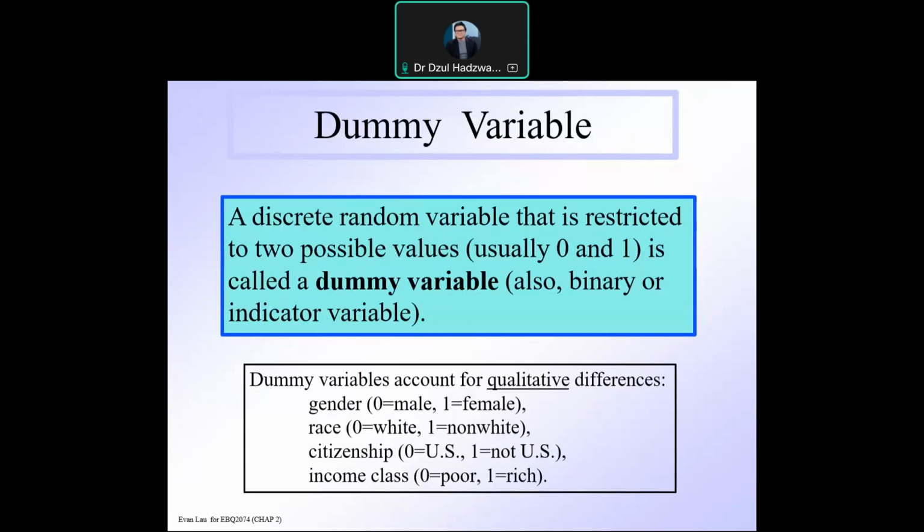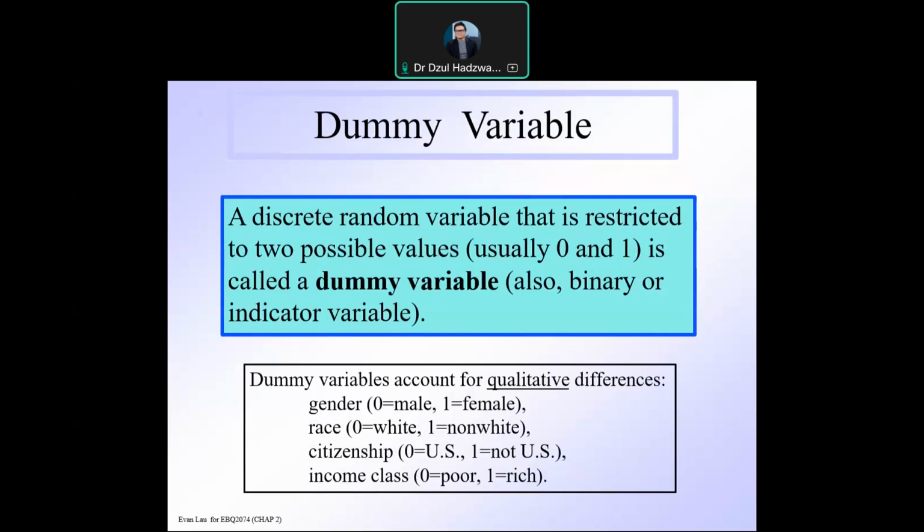It is not information saying that 0 is greater than 1 or smaller than 1, or that 1 is greater than 0. It does not reflect any monetary value. It is just a dummy variable.